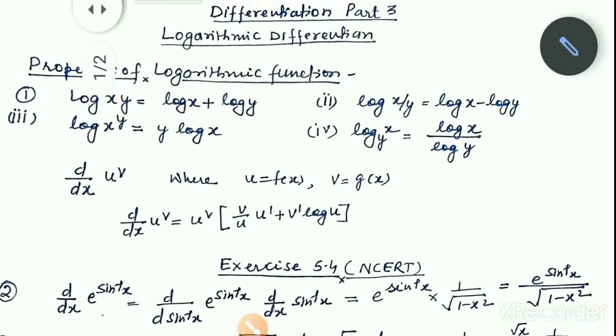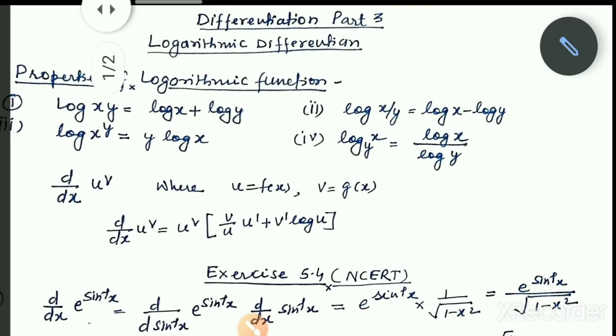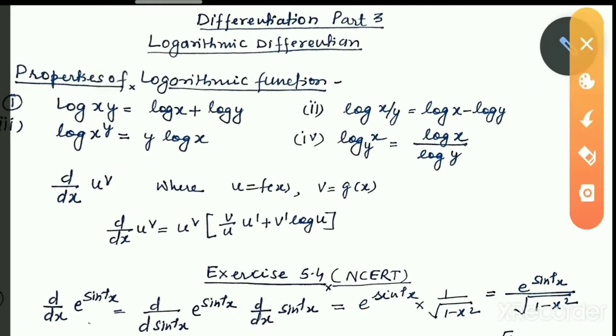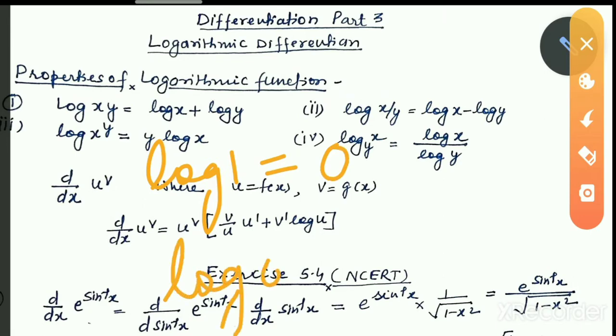Now some more important concepts about logarithmic function. Log 1 is always 0. Log 0 is not defined.